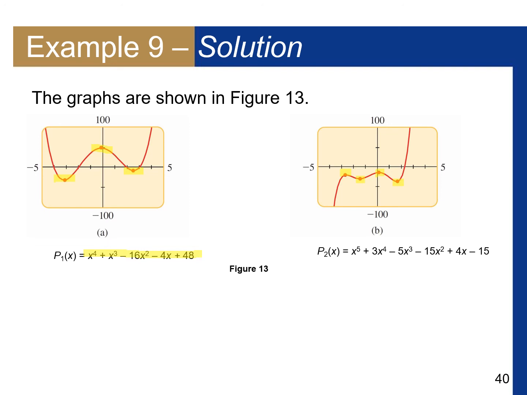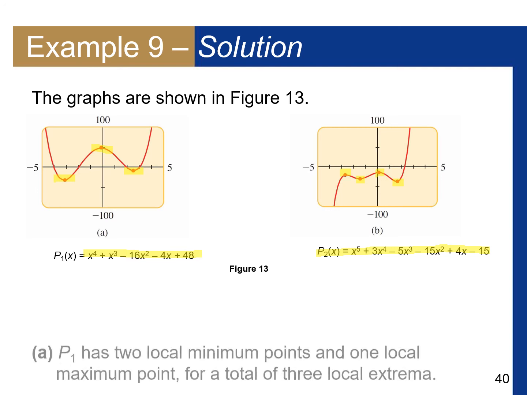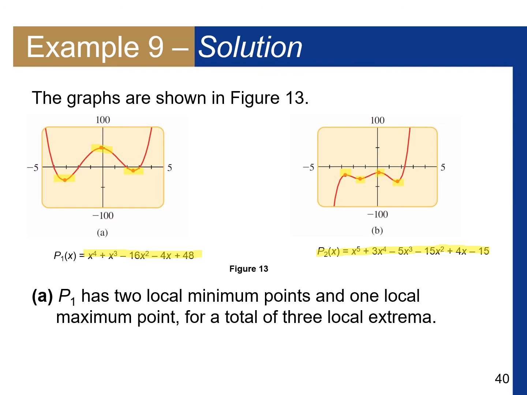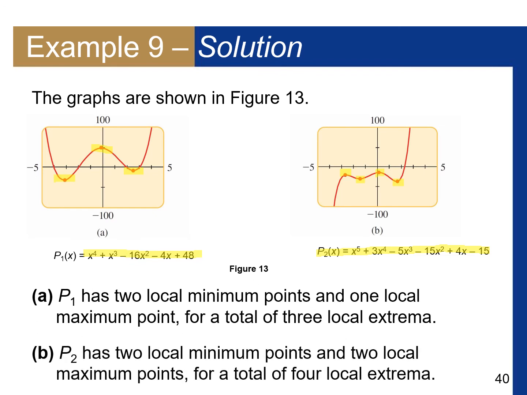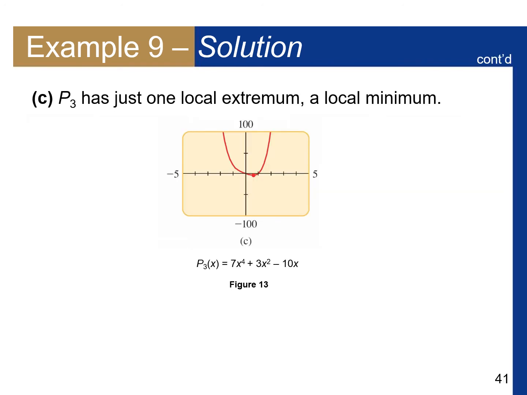Now that doesn't always mean they're exactly going to have that. Like I said in the last slide, it's no more than that. So there might be something that causes them to have less. For example, here I have an x to the 4th power, but I only have 1 local minimum.